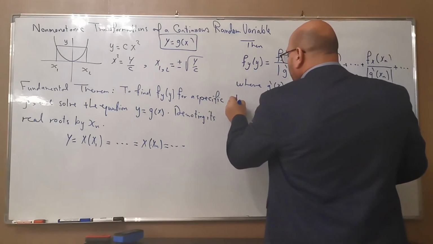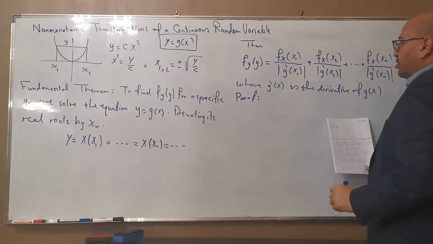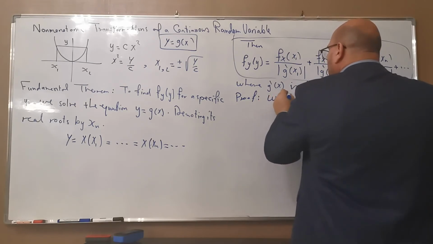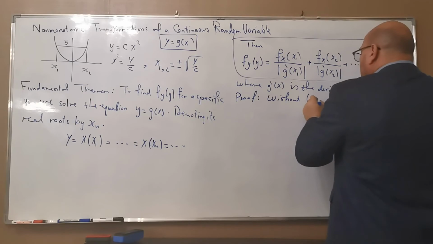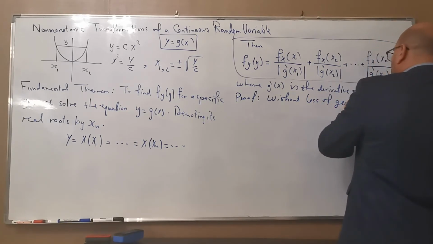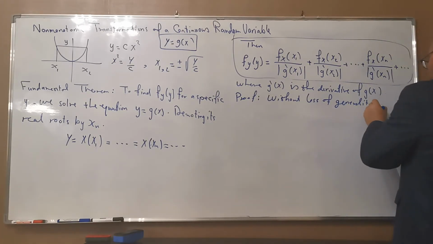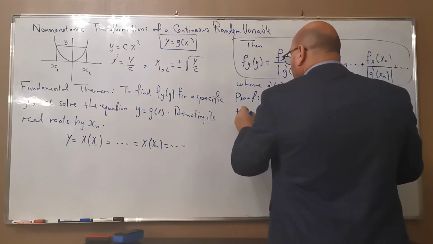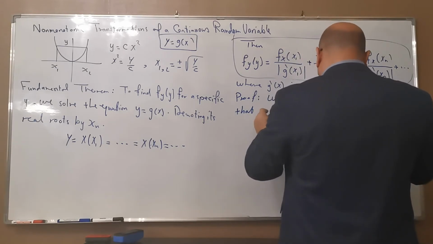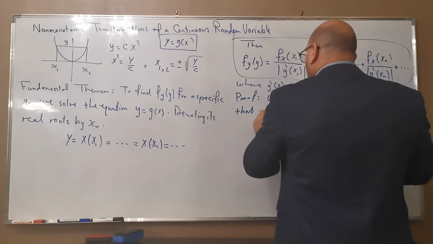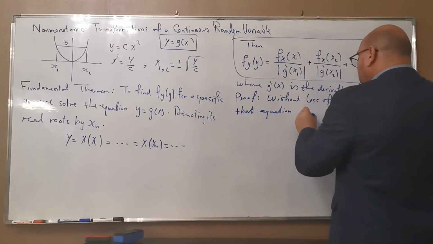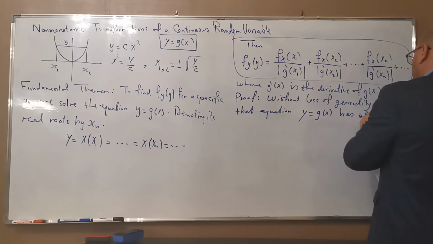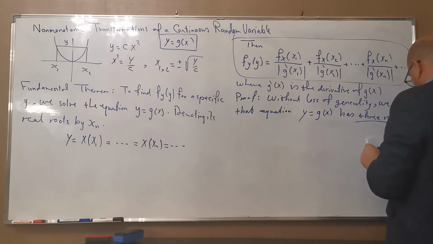Okay, so to see the proof here for this result that we have here, the proof, so without loss of generality, we assume that the equation y equals g of x has 3 roots, as shown.